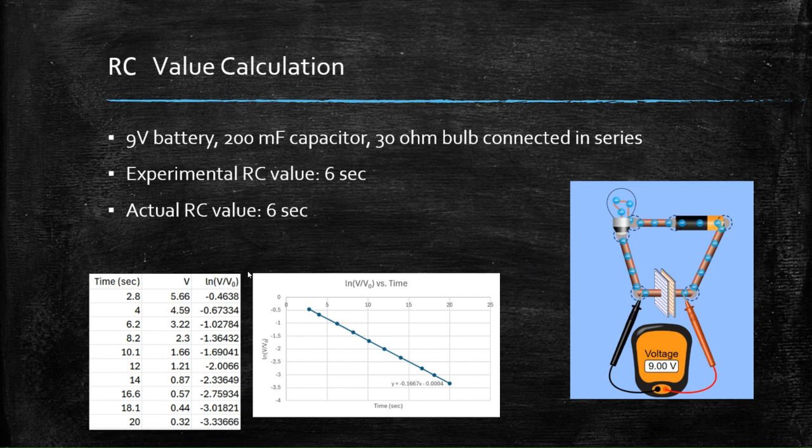And then I ran it in the simulator regularly, and found that the actual RC value was also 6 seconds, which are obviously the same thing, which is pretty cool, I guess.